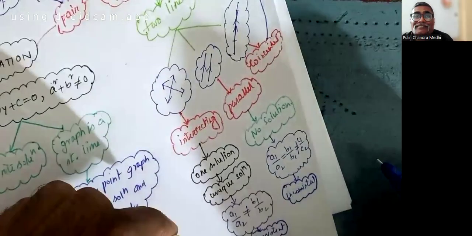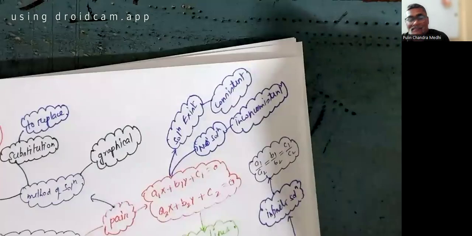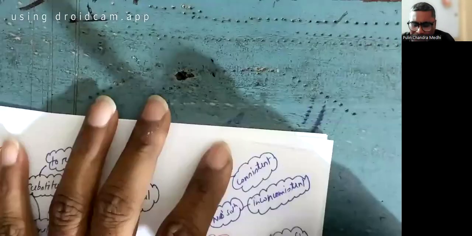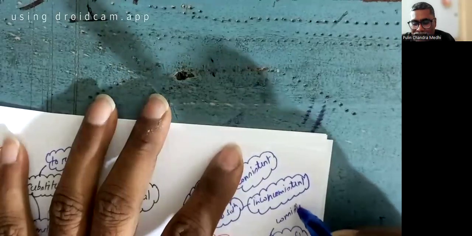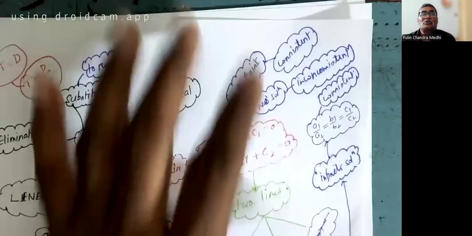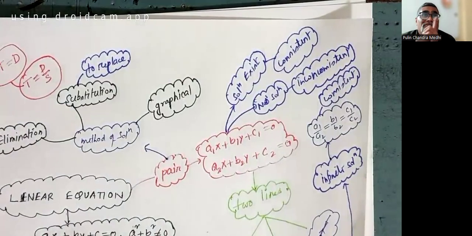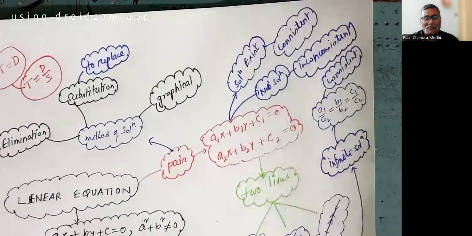Because it has no solution. This pair has no solution. And last, infinite solutions are there. So what do you think? This is also consistent. So you can now identify that under the word consistency, there are two conditions: one unique solution, other infinite solutions. And for inconsistency, there is one, that is parallel lines. That means no solutions.